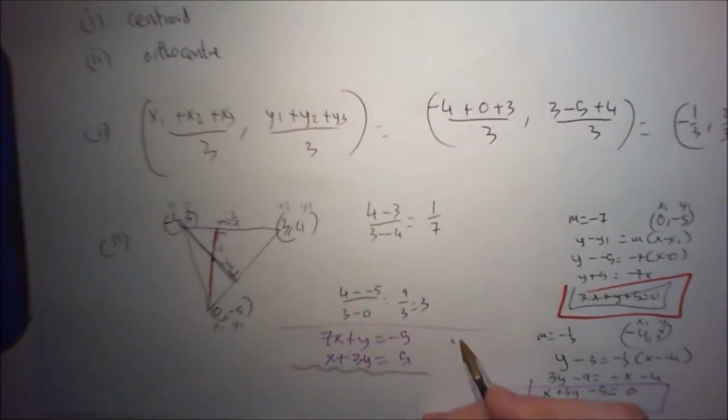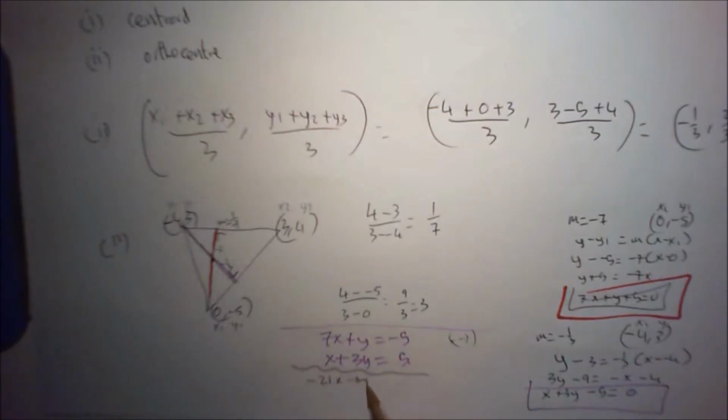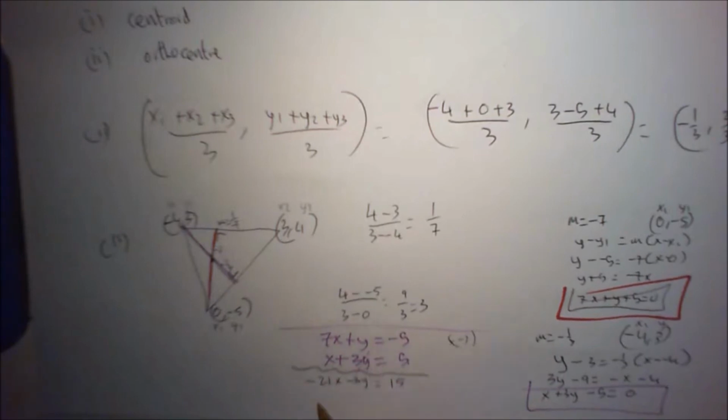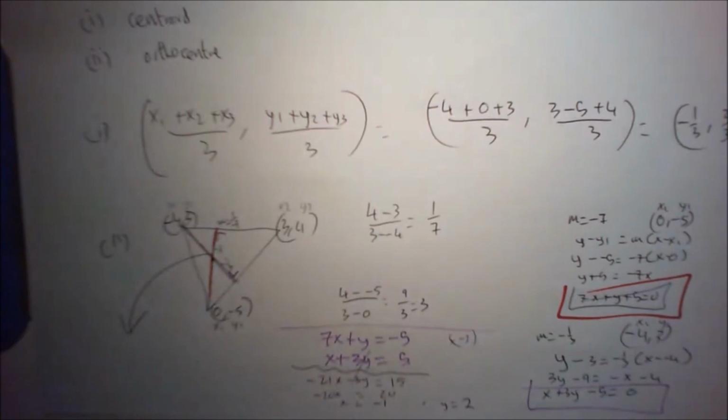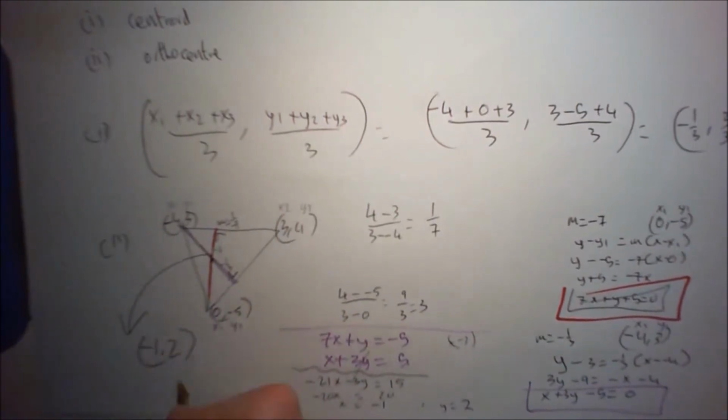So multiply the top line by minus 3. So that's minus 21x minus 3y is equal to 15. So that gives you minus 20x is equal to 20, x is equal to minus 1, therefore y is equal to 2. Yeah. So my point is minus 1 and 2 for my orthocenter.